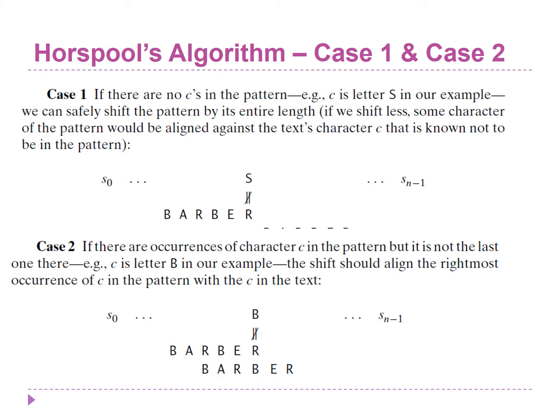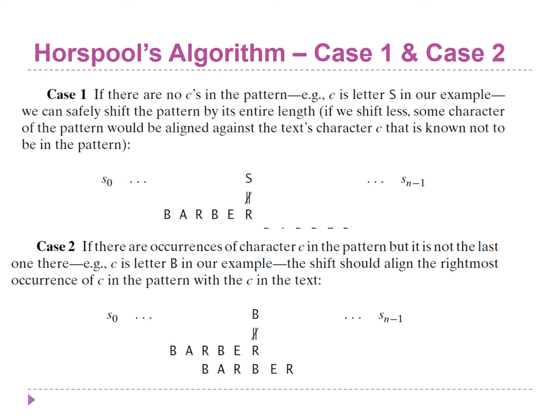Case 1. If there are no C's in the pattern. For example, if C is letter S in the text, then we can safely shift the pattern by its entire length because S is nowhere found in the input pattern barber.